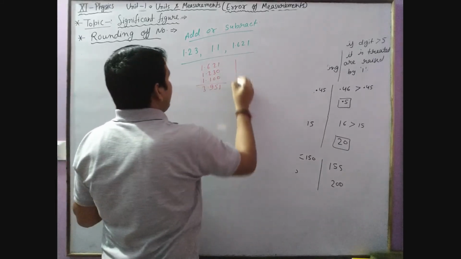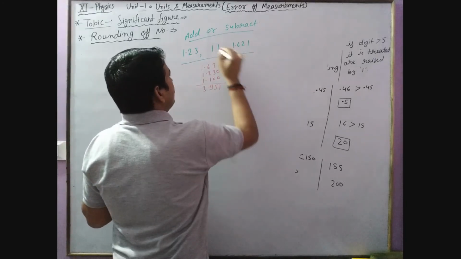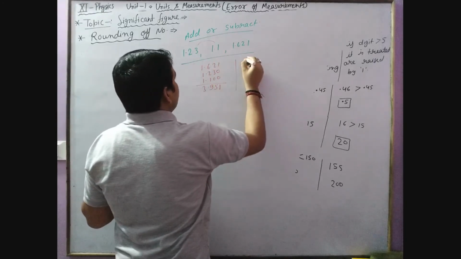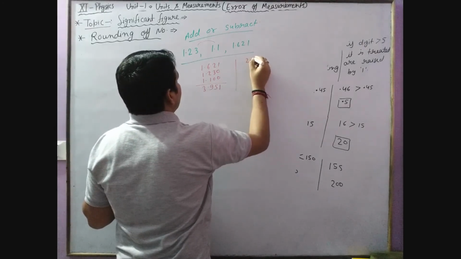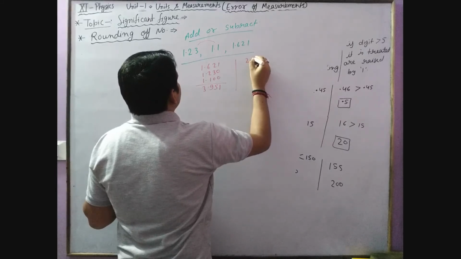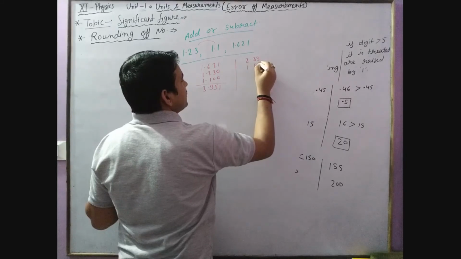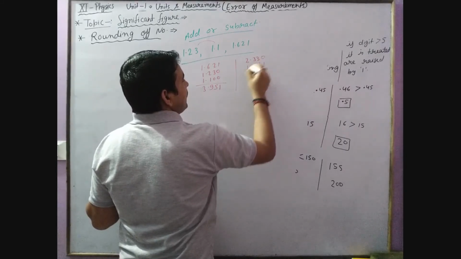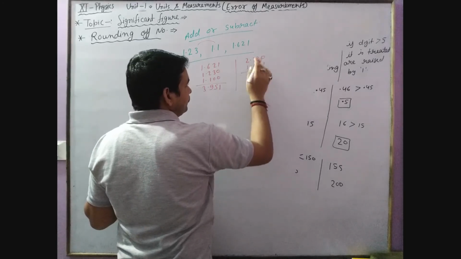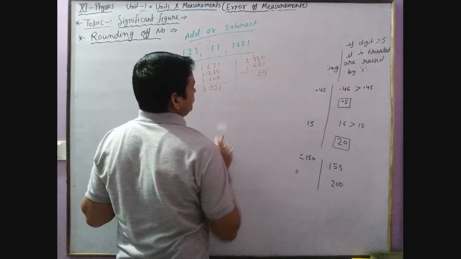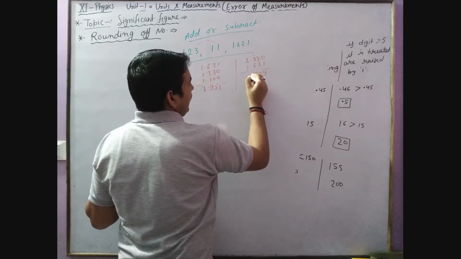And if we subtract it, so suppose we add first 2, these two are added, so it will be 2.33, and now 1.621 is subtracted from it, we get 3, 0, carry 1 is 7 and 0.